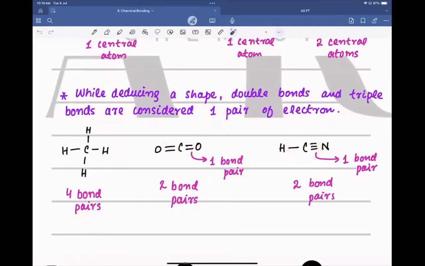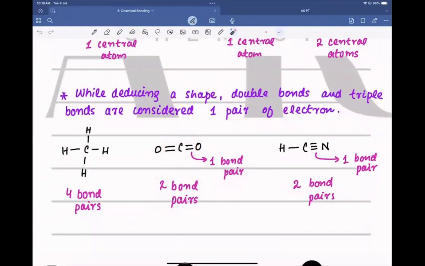So in actual, all of these shapes have 4 bond pairs. But for the purpose of deducing the shape, if there are multiple bond pairs between the 2 atoms, we consider them as 1 bond pair only. So to decide the shape of this molecule, instead of 4, we consider only 2 bond pairs. But in actual, there are 4 bond pairs, okay?